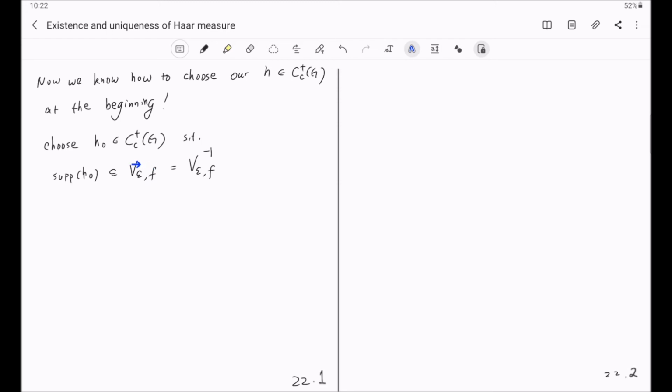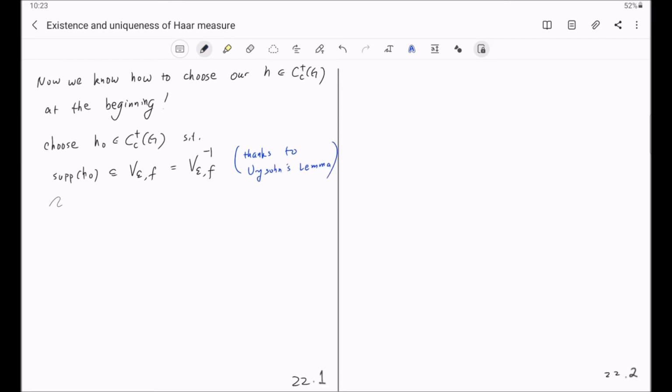Because remember, this neighborhood of identity was taken to be symmetric. Every neighborhood of the identity should be taken as a symmetric neighborhood for later use. And of course, this is due to the Urysohn lemma.